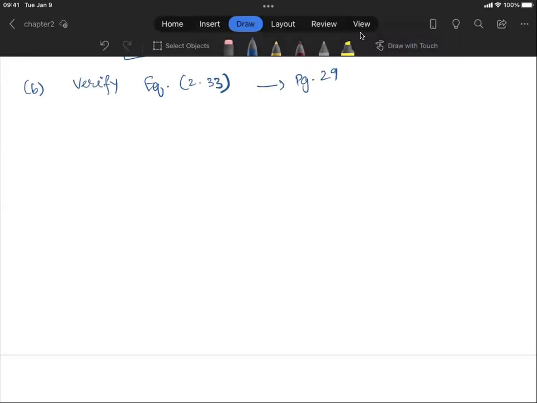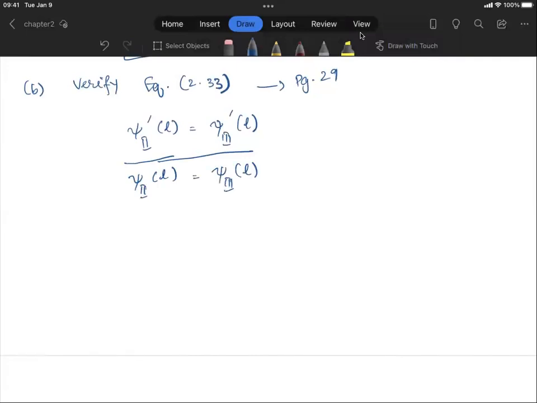Here, if we just read the statement right above the equation, it says that taking the first derivative of psi 2 at L and equating it to the first derivative of psi 3 at L, and later dividing the whole thing by the value of psi 2 at L equals the value of psi 3 at L.